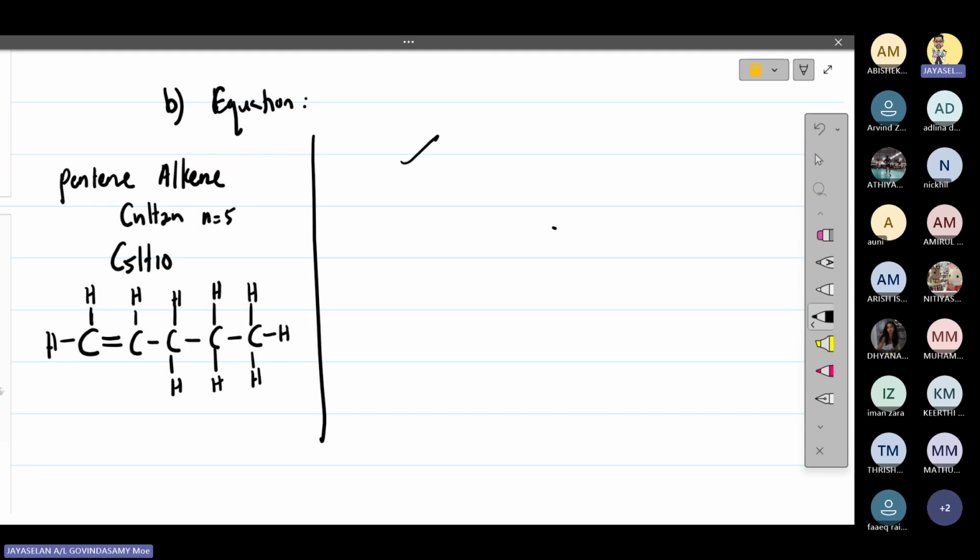So what I do, I cut the C double bond. Addition polymerization must have it like this: C double bond, top bottom, top bottom. Then y'all put n. We don't know how many molecules, so we put n. Now y'all check here, how many bonding? 1, 2, 3, 4, right? So this H I put at the top, this H at the bottom.